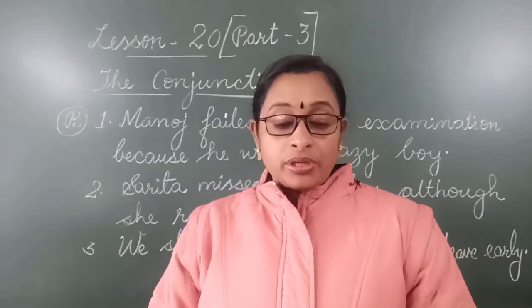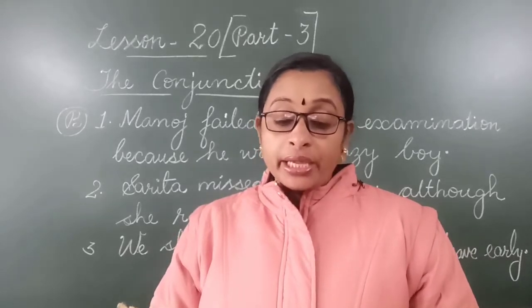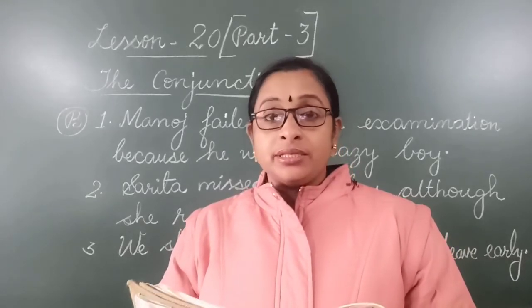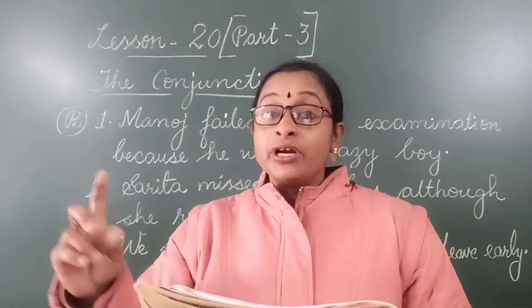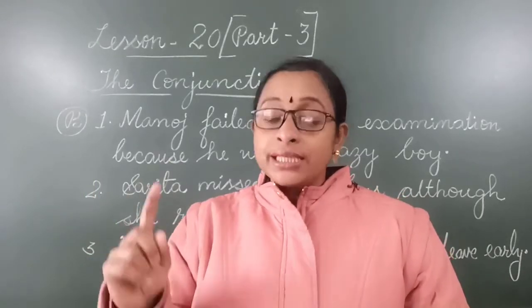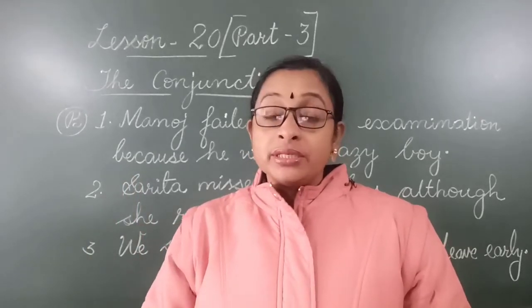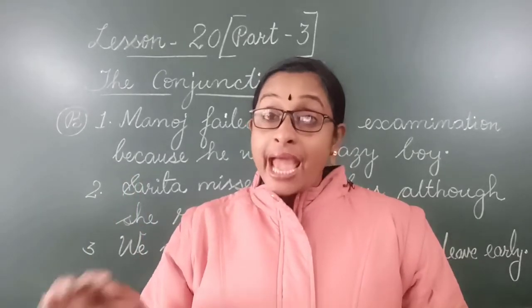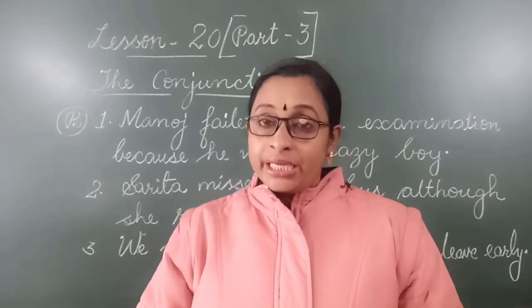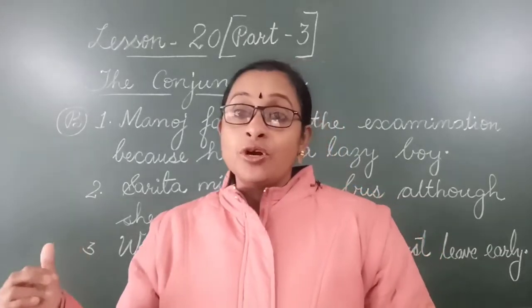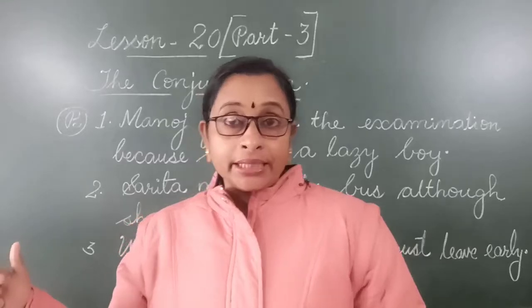Now, number 4. This is the toy. I want to buy it. Somebody is showing one toy and saying, this is the toy, I want to buy it. So how will you write? This is the toy that I want to buy it. I will rub the board and I will write the answers.